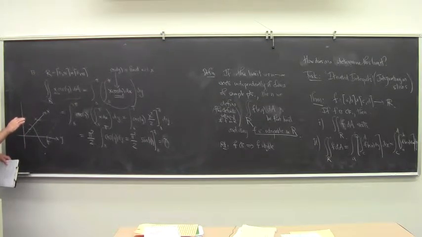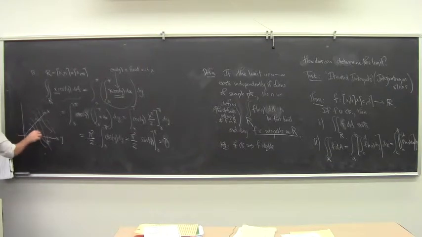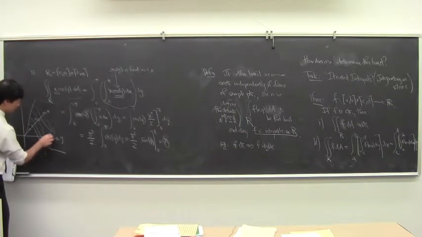Everyone with me? Okay. And then we're multiplying this thing by x, so you get these bigger and bigger, taller and taller guys as you go along. The drawing is awful, but like this.